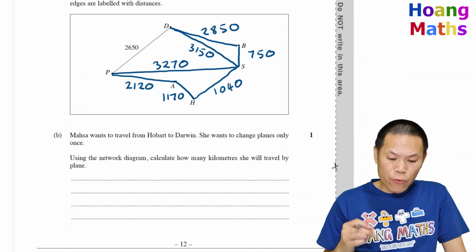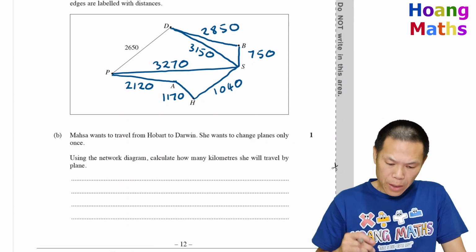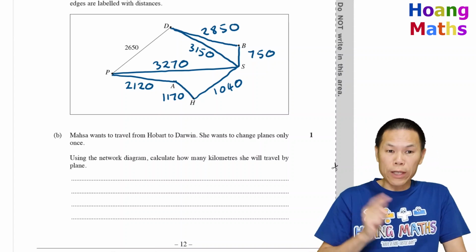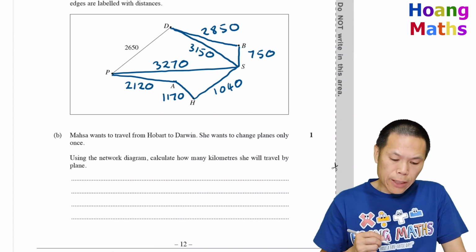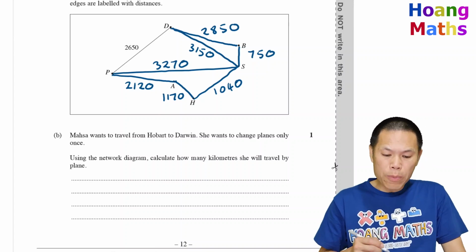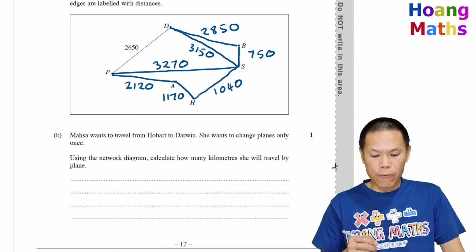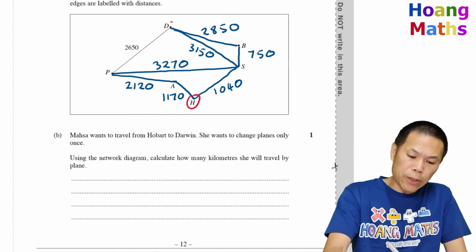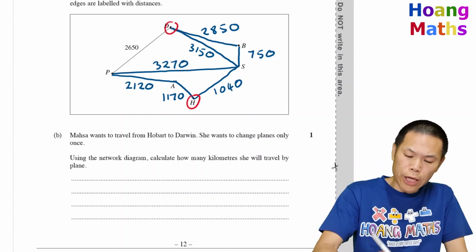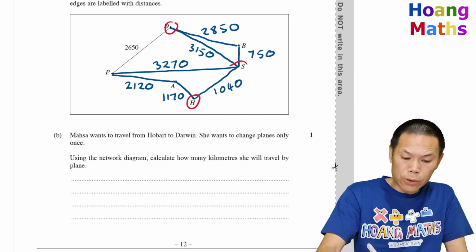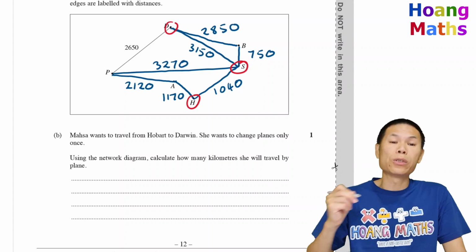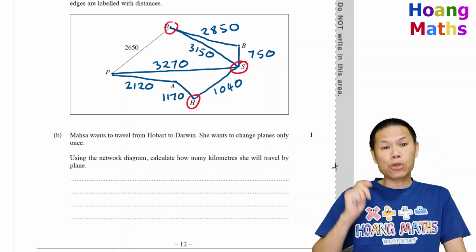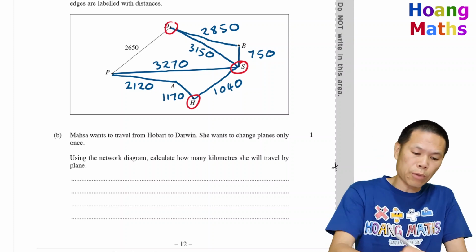Part B. Martha wants to travel from Hobart to Darwin. She wants to change plans only once, so only one stop if you like. Using the network diagram, calculate how many kilometers she will travel by plane. From Hobart to Darwin, stopping only once, you can only travel from Hobart to Sydney and then from Sydney to Darwin. So there is only one option. The other option is you need to stop more than once, so keep that in mind.